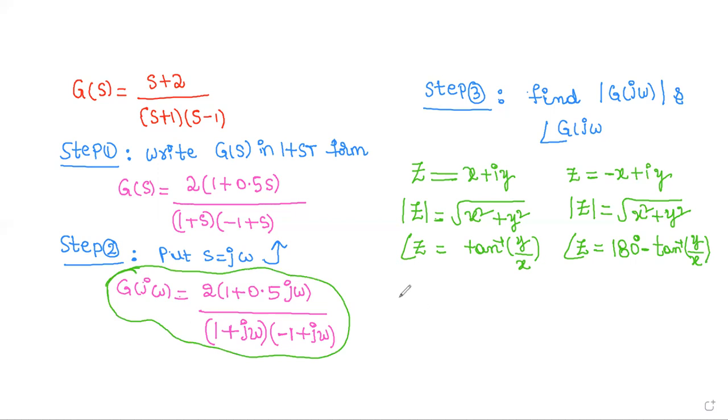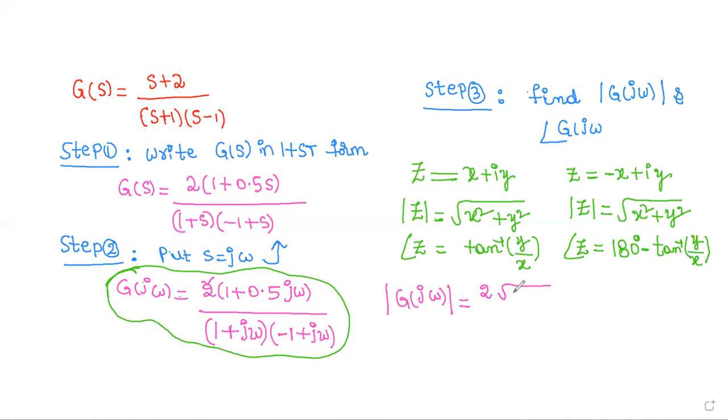Let us find the magnitude, modulus G(j omega). This 2 is a constant, a pure real number with no imaginary part inside, so its magnitude is root over 2 square plus 0 square, which leaves 2 only.